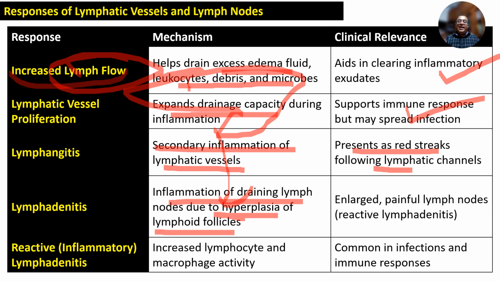So the cells lining these lymph node sinusoids are hyperplastic, and there is also activation of the lymphoid follicle. As a result, the lymph nodes are enlarged and painful, so it can also be termed reactive lymphadenitis. There can be increased lymphocyte and macrophage activity, and this is common in infection and immune responses.